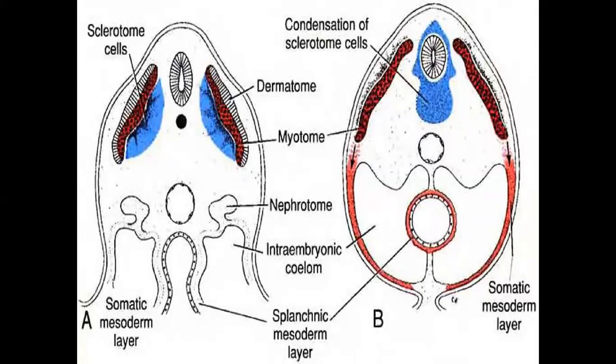So each somite consists of three parts. Externally, we have the dermatome. Underneath, we have the myotome, responsible for muscle formation, and we have the innermost layer, which is called the sclerotome.